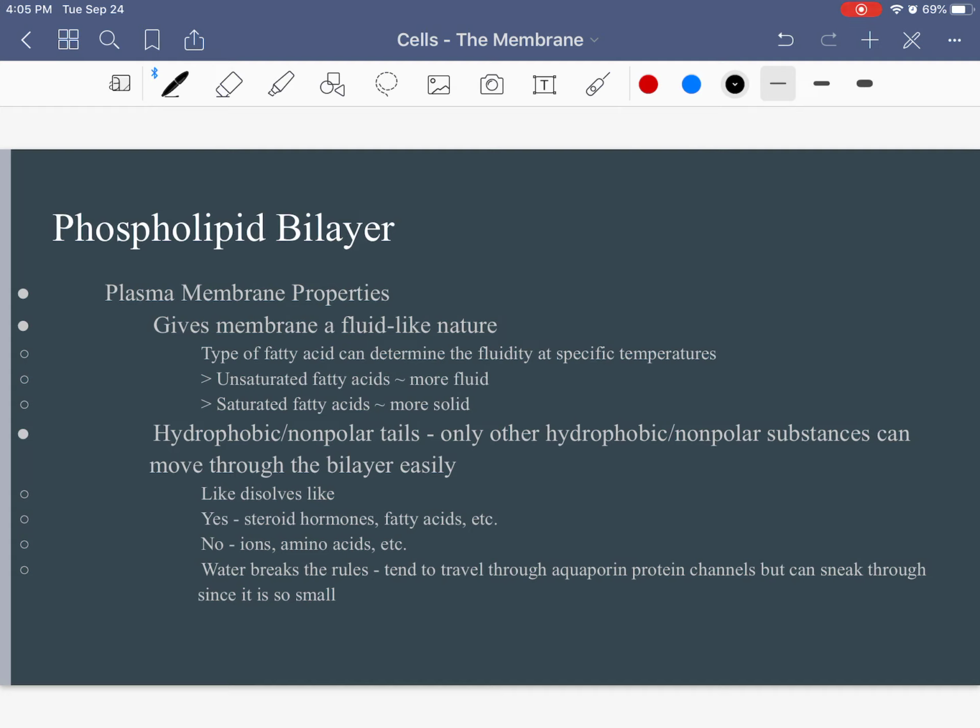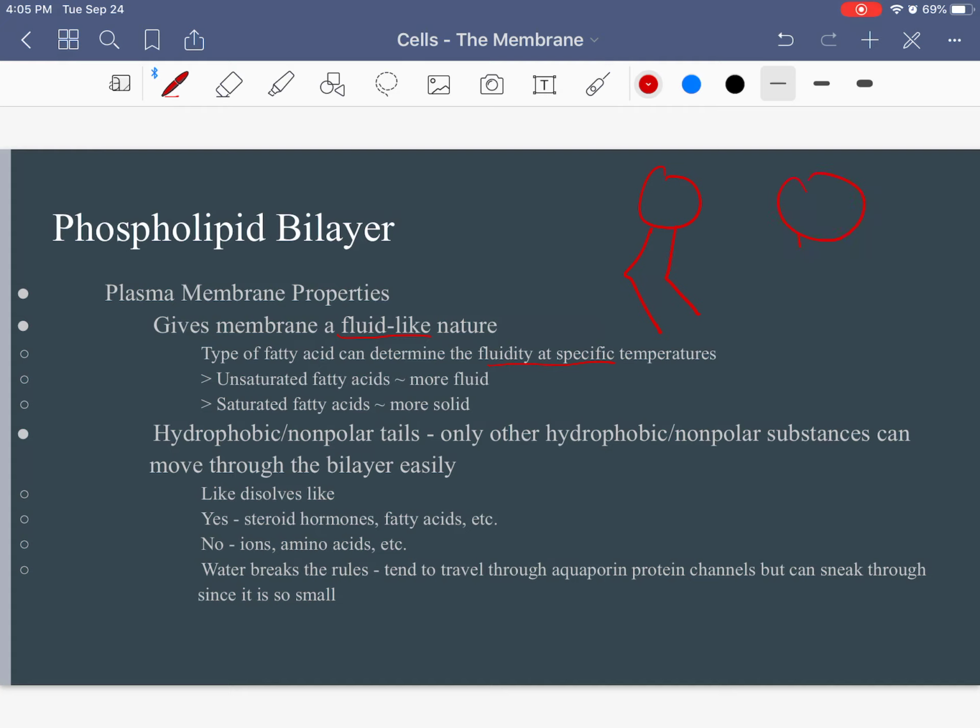The phospholipids give the bilayer a fluid-like nature. Depending on the types of fatty acids on the phospholipid, they're going to be fluid at specific temperatures. So if you have a lot of unsaturated fatty acids on your phospholipids, so a lot of kinked fatty acids, they're going to be liquid at room temperature.